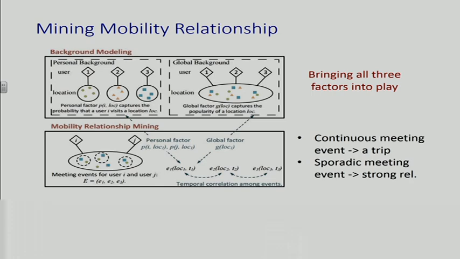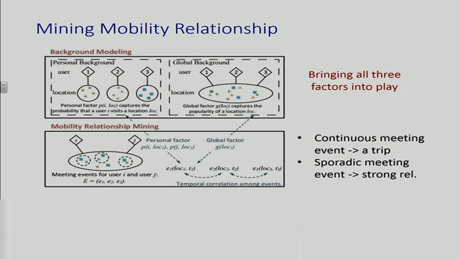Finally, they consider the temporal factor. The temporal factor is something like this: if two users have a sequence of meetup events, there is a good chance that these meetup events are actually a trip rather than individual meetup events.